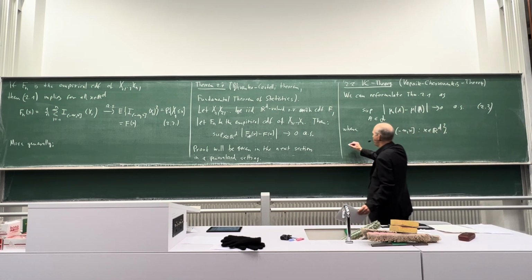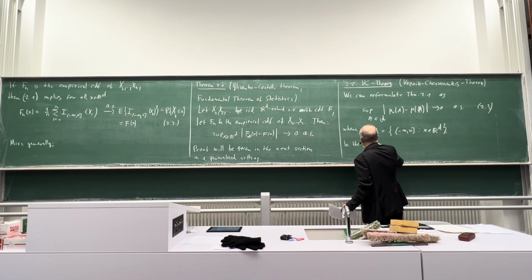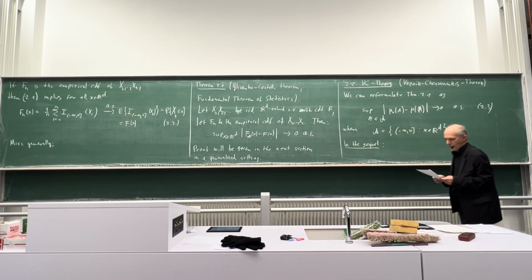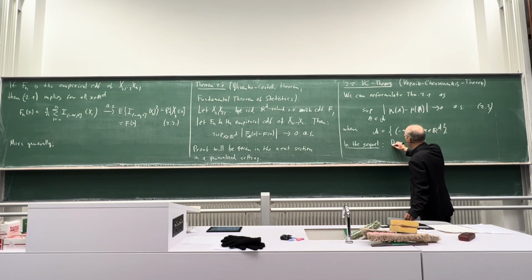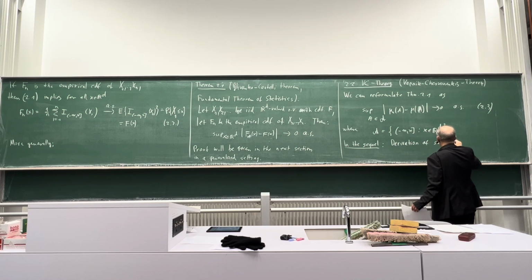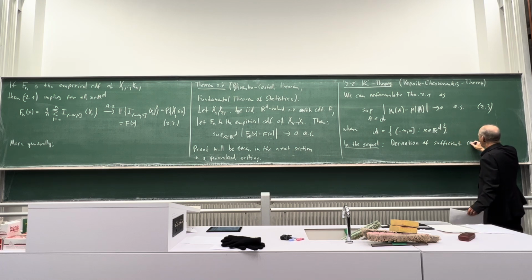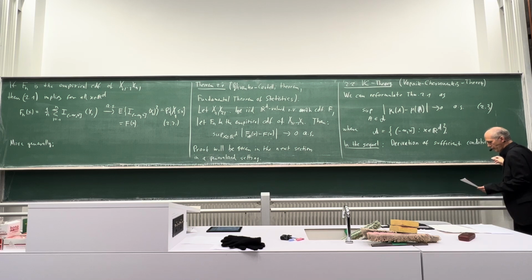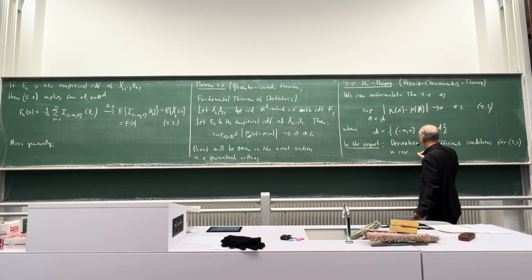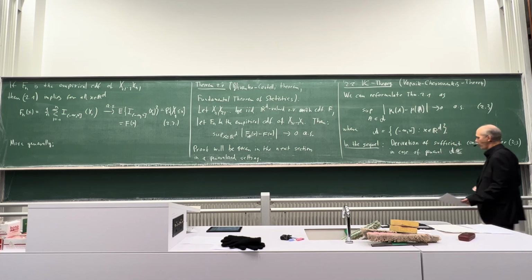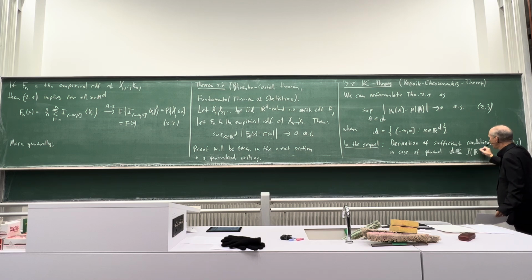So in the sequel, derivation of a sufficient condition for 2.3 in case of general calligraphic A, a subset of the power set of R^d.